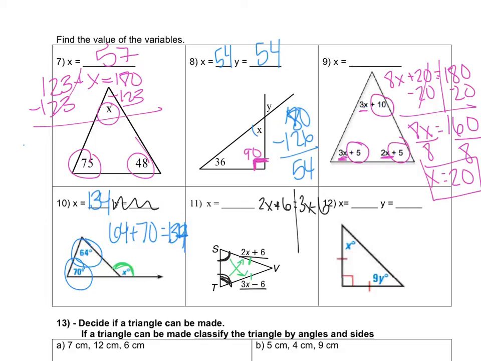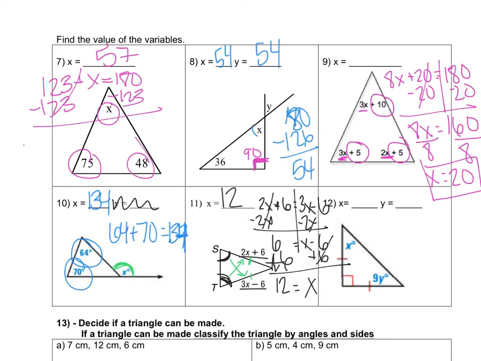Move your smaller variable. So I'm going to subtract 2x on both sides. So I have 6 equals x minus 6. That's an x. To solve for x, you're going to add 6 to both sides. Oh man, this is getting really great. So we have x equals 12.